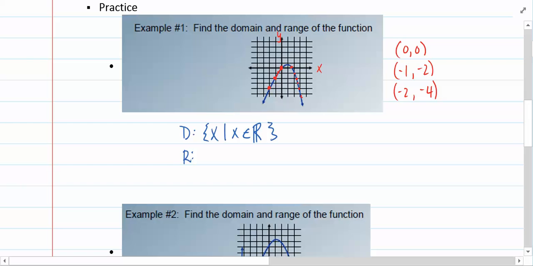For our range, however, we have to be a little bit more careful, because the range values are going to be our y values again, but we run into a limit here. Any of these values represent different y values that exist in the range. We kind of established what some of those might be already. However, at some point, we reach a maximum value that our y value can take on.